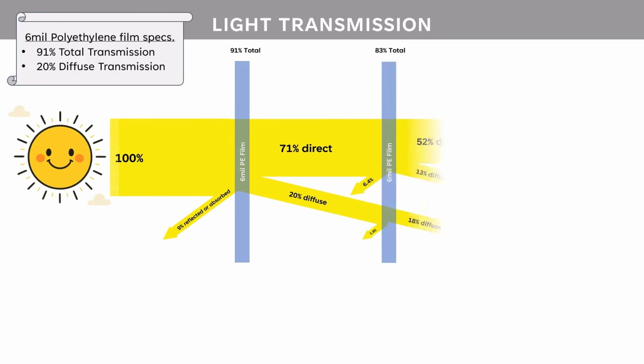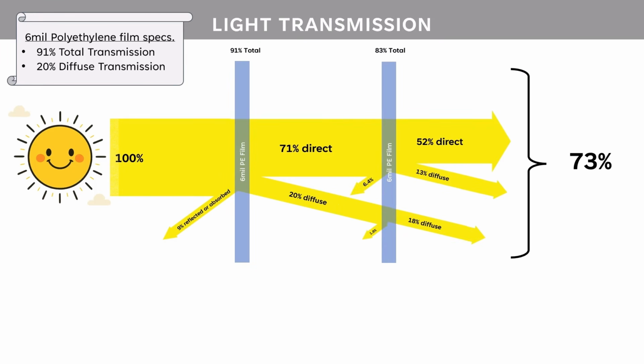Then it goes through another layer, and we take another hit, which ends up putting us at 73% total. In a perfect world with no dirt, new film, no fog on the film, and perfectly straight on sun. Unfortunately, the sun is never really at that angle for very long in the day.